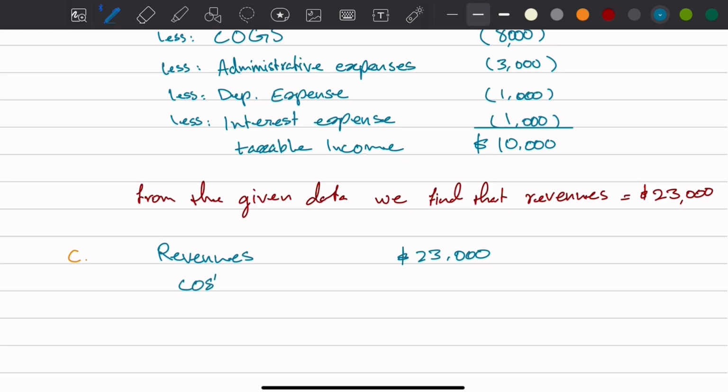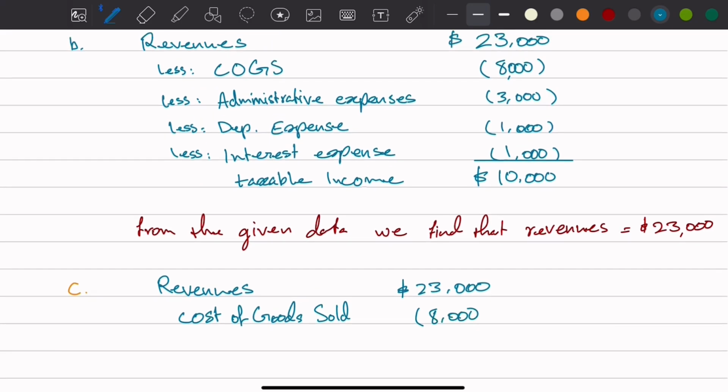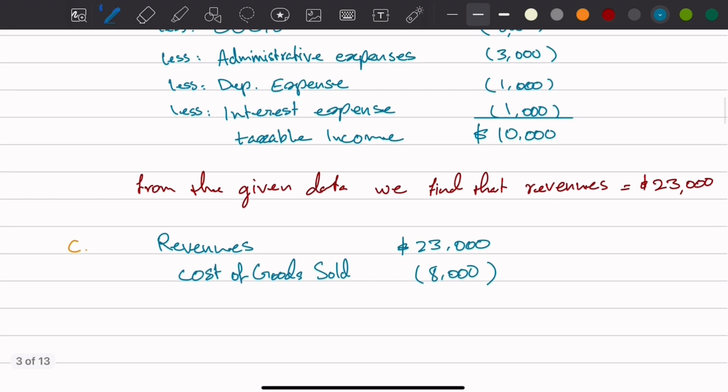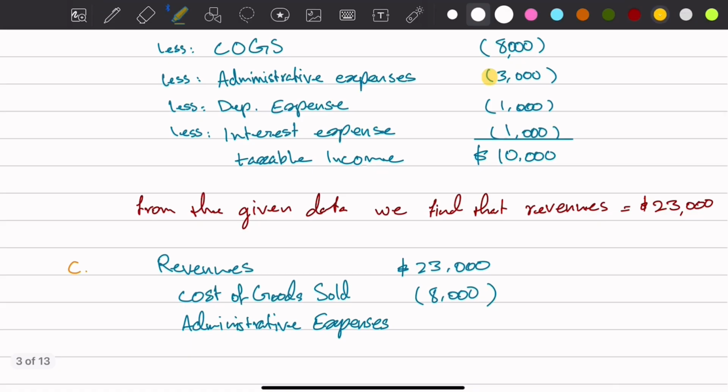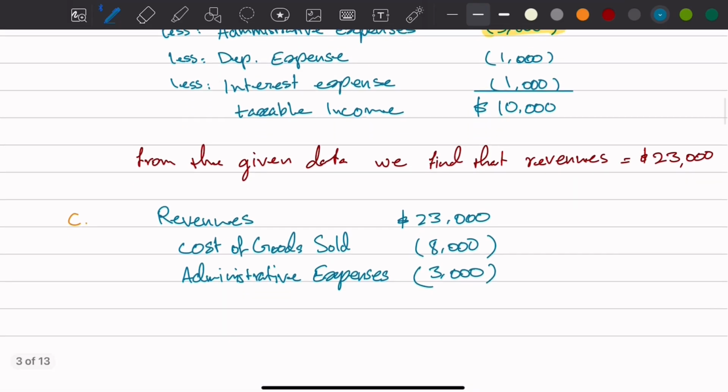List cost of goods sold, which was 8,000, and the administrative expenses, which was 3,000, and finally the depreciation expense, which was 1,000.